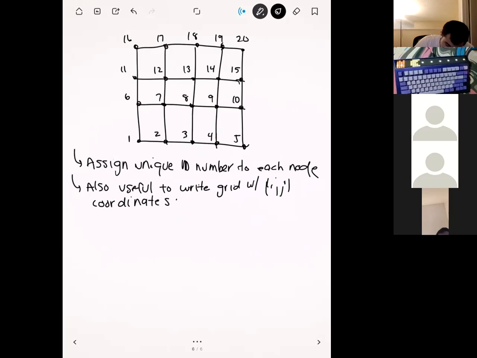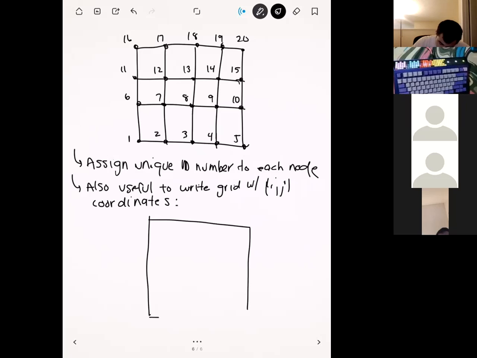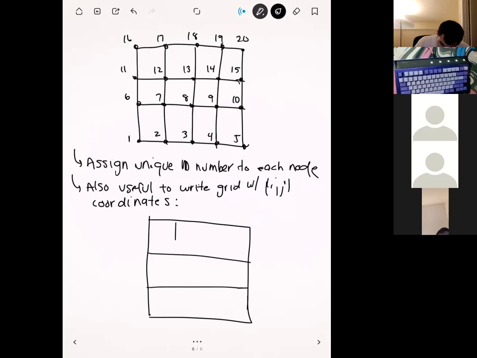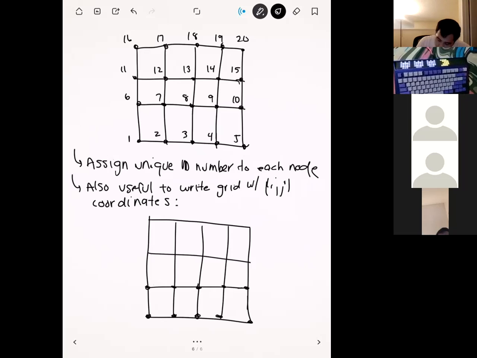Okay, so let me draw the grid again, and make sure that I make the grid the exact same size. So we have 2, and then 3. All I'm doing is redrawing the same grid here. But instead, I'm going to label the nodes according to, you can almost think of them as, their x, y coordinates.